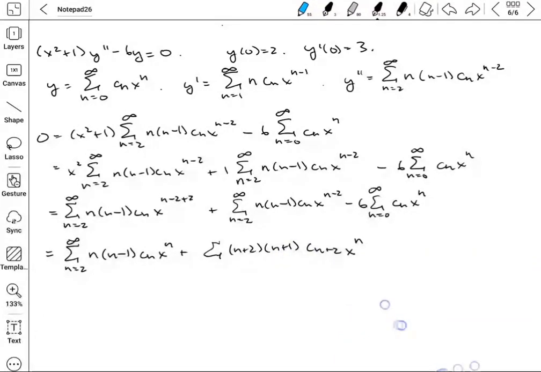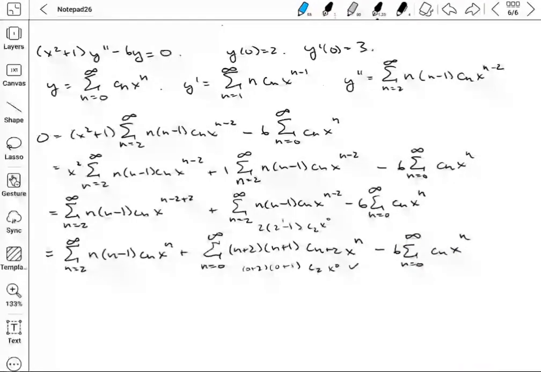If we see an n, we move it up to n plus 2, because we're moving n minus 2 up to n plus 2. And then originally we started from 2, that's what the first term was going to be. And so we're going to have to change the index to start at n equals 0. And we can see if we plug in 0, we get the same first term as we had before. So we haven't changed anything about the series. And then, as before, that last series is not changing at all.